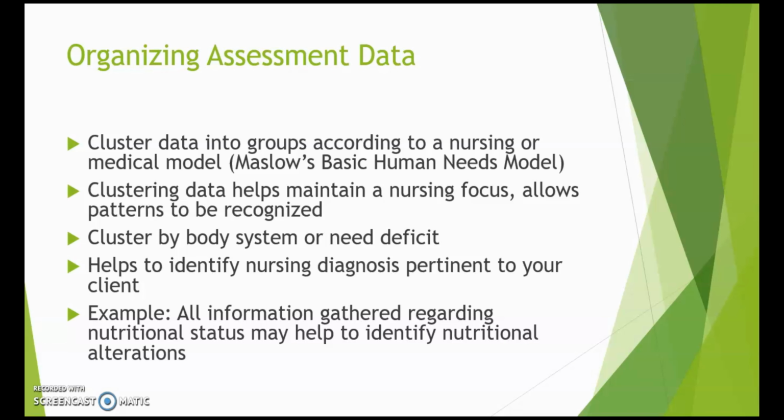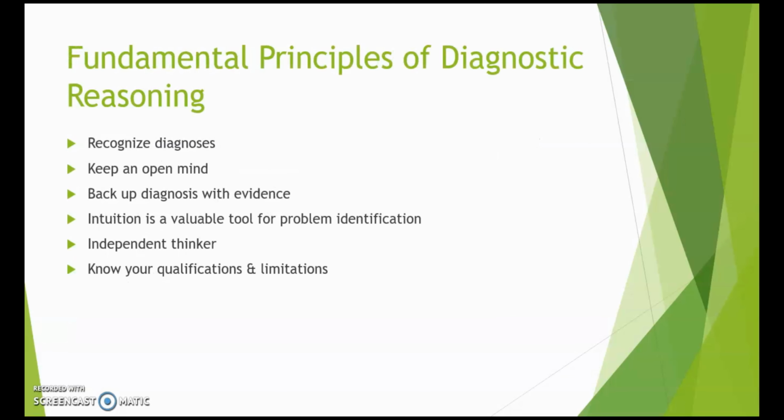Okay, so your patient is a person, is a client, is a specific individual. Example, all information gathered regarding nutritional status may help to identify nutritional alterations. So you have biostatistical evidence-based science about nutrition in general, and then you need to utilize that broad knowledge and translate that into the needs and presentation of the specific patient you're working with.